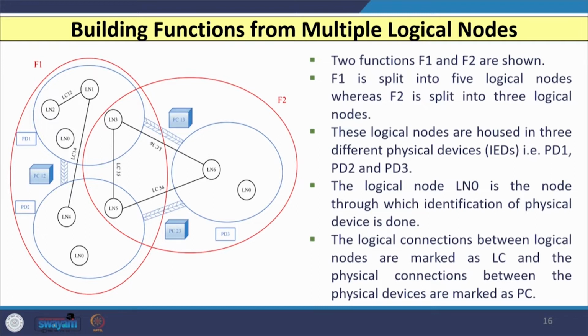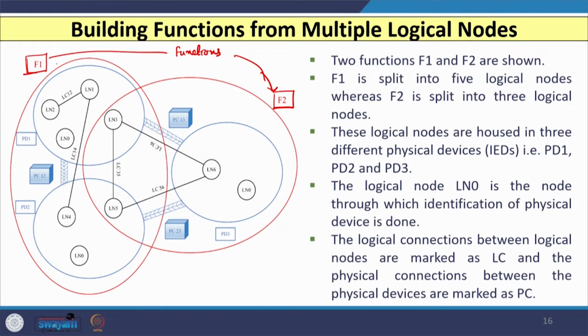Here you can see I have shown one diagram, and in this diagram I have shown two functions, denoted by function 1, f1, and function 2, f2. These two are nothing but the functions. Now, function 1, f1, is divided into 5 logical nodes.